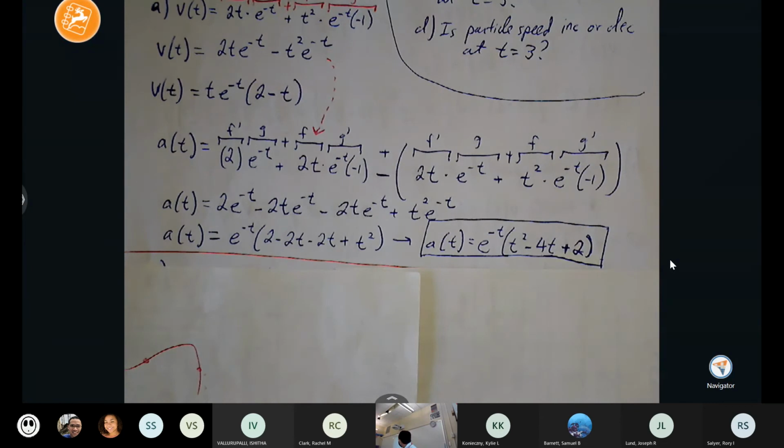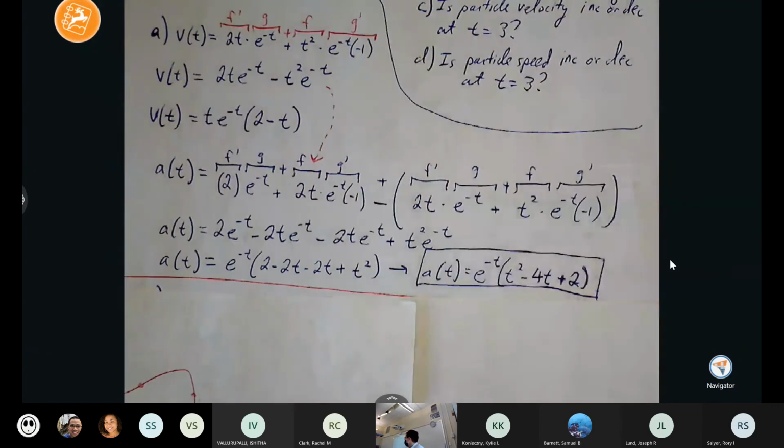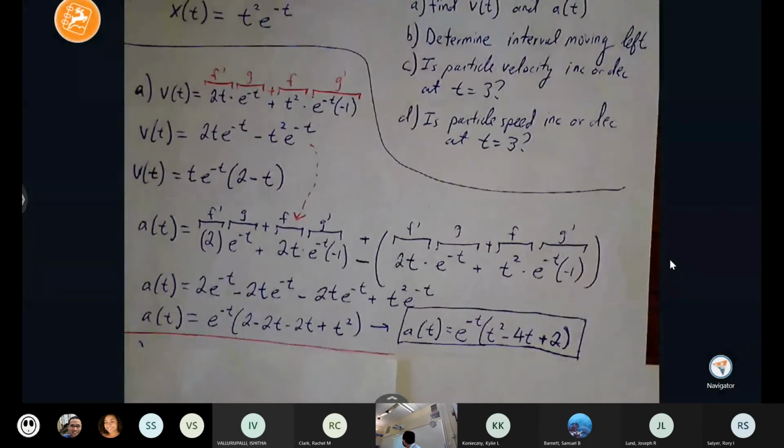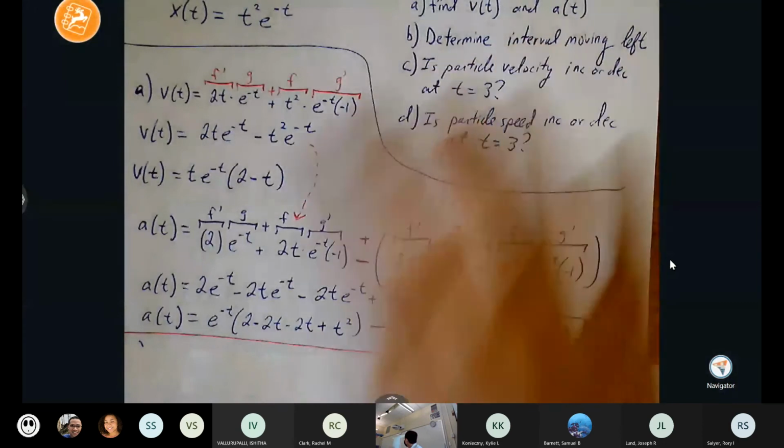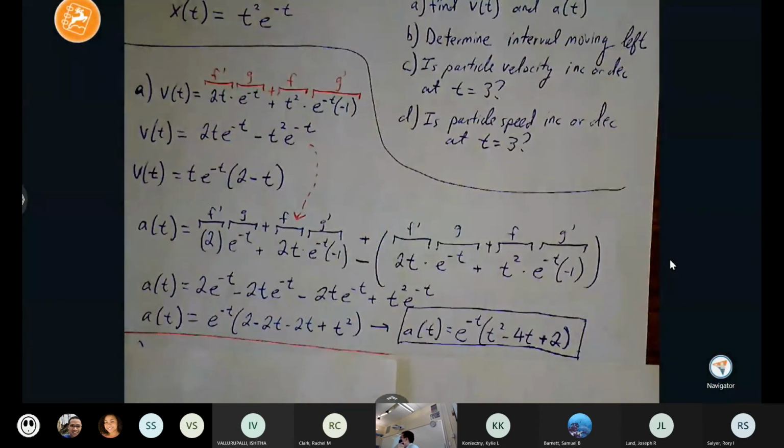Okay, any questions with A or B, finding velocity or acceleration? Okay, so now determine the interval moving left. So what information do we need to determine the interval moving left? We want to create a what? Velocity sign line, right?